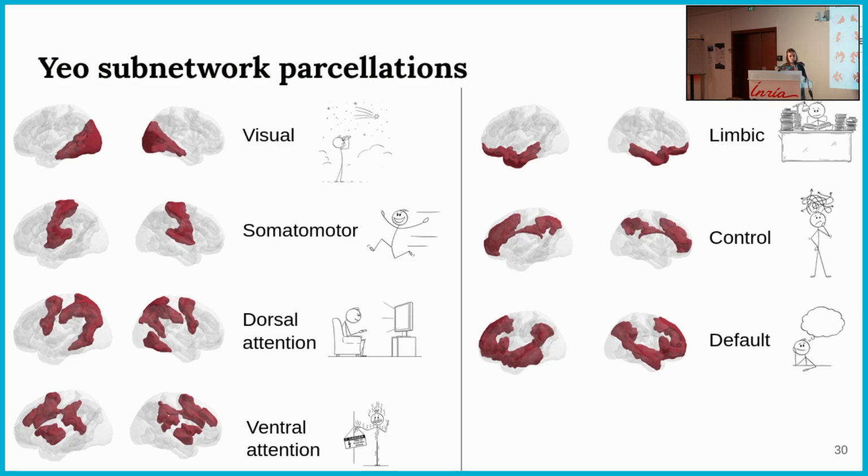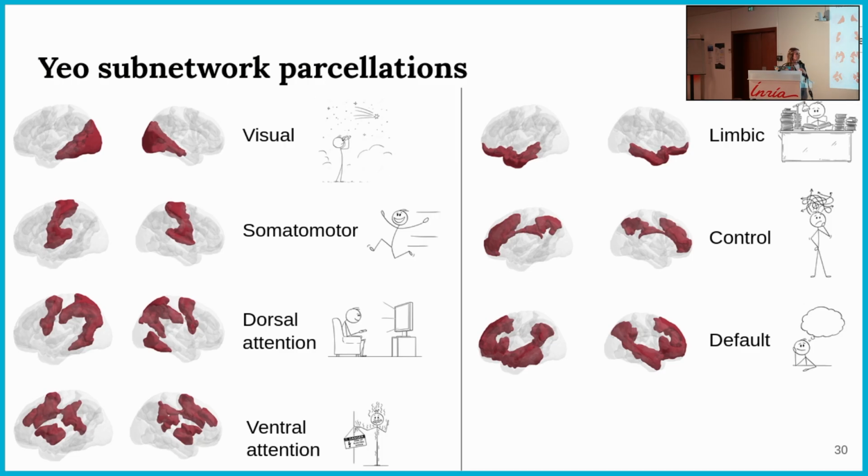Then we have the somatomotor subnetwork, which is on the top of our head and is responsible for motor and sensor tasks. Then we have the dorsal attention subnetwork, which is active when we integrate visual and audio stimuli. Then we have the ventral attention subnetwork, which is responsible for emotion and sensor.